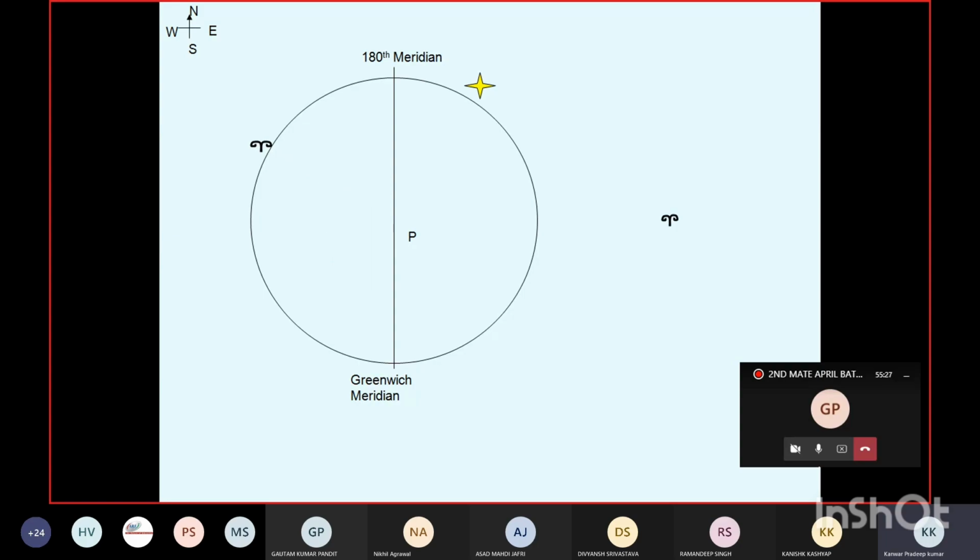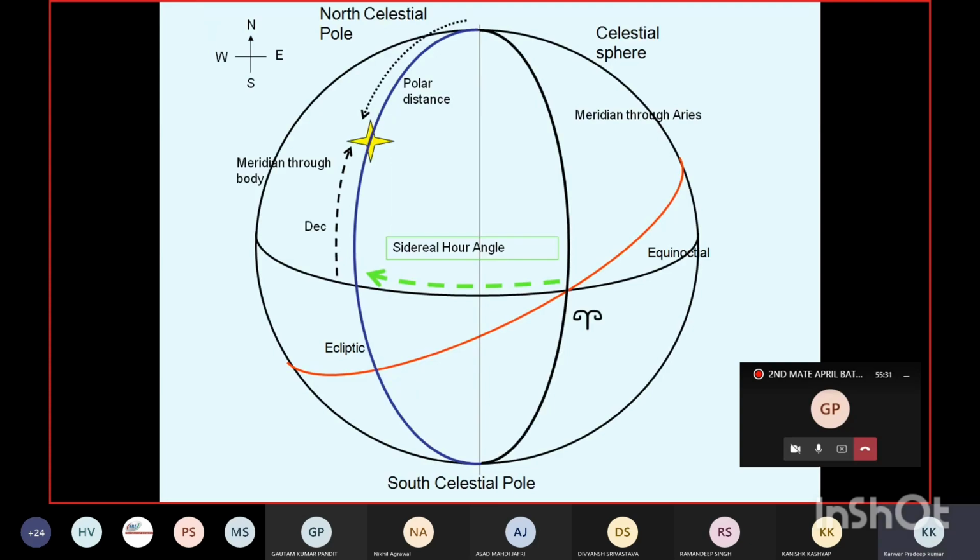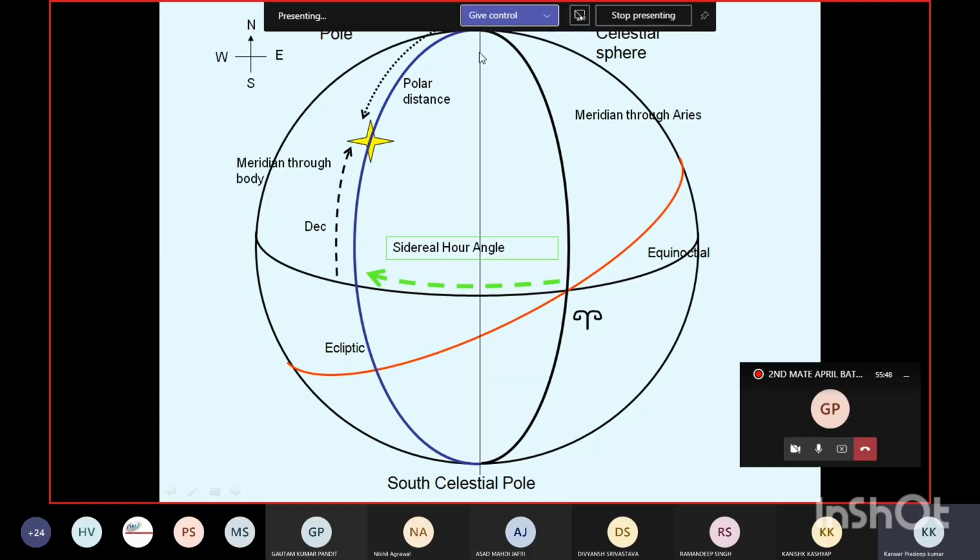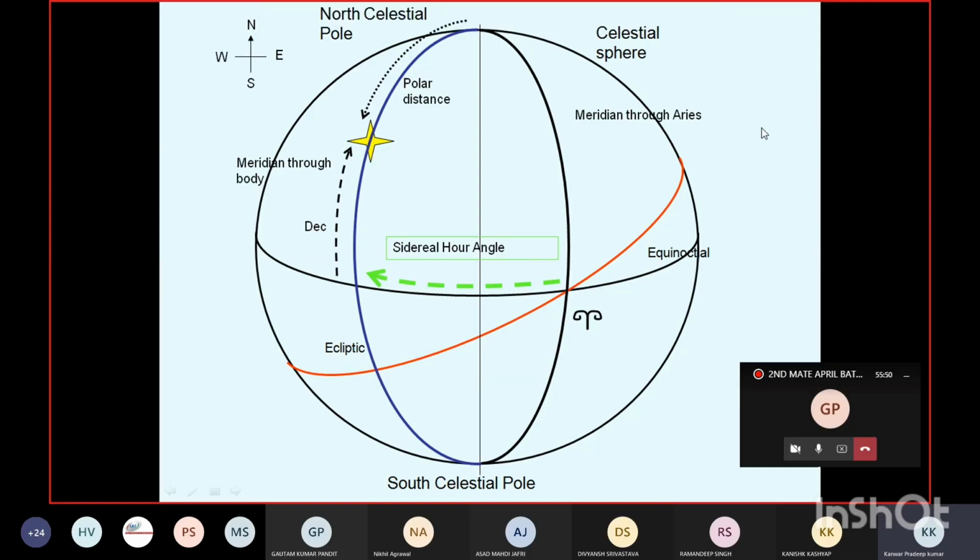So let us say now this particular hemisphere, the northern hemisphere of the celestial sphere. If I'm standing somewhere above the north celestial pole, you can see my cursor, standing very high above and looking down, what will I see?